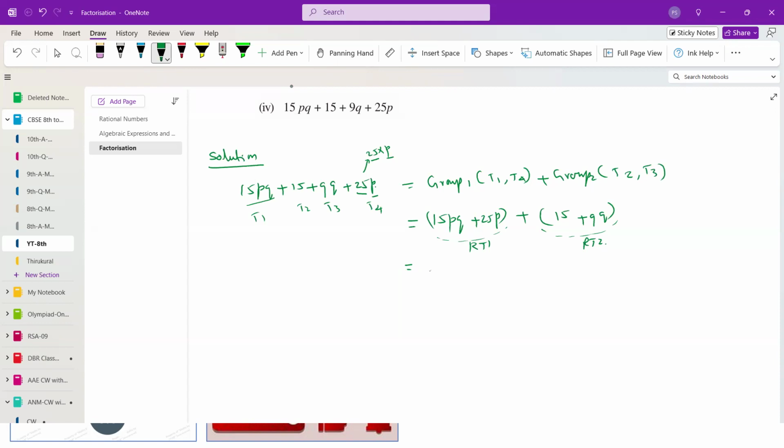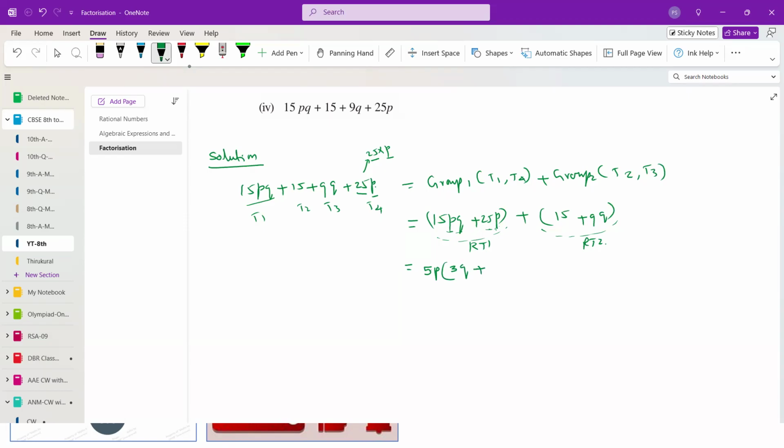But instead of taking 5 alone, we can take 5p, which is the common factor. 5 is in the first term and also in the second, and p is also in both. So 5p we take out, which leaves 3 into q plus 5.